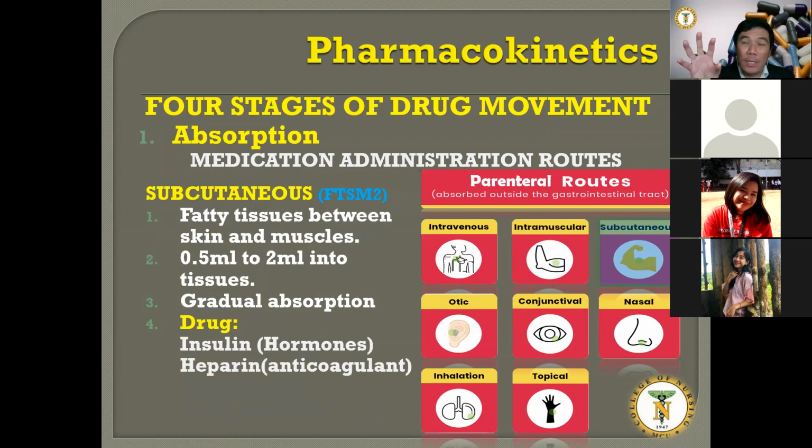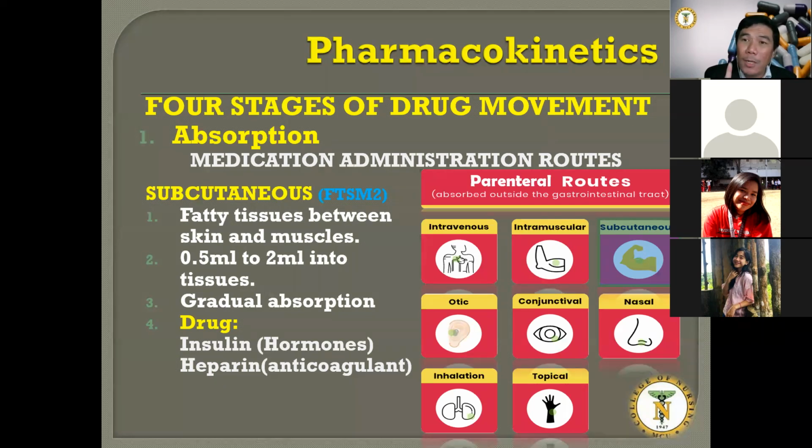So going back to subcutaneous tissues: gradual absorption. It means the absorption is slow, but it stabilizes. One example is insulin. Insulin is given subcutaneously, and class, this may require gradual absorption. Why must insulin be given subcutaneously?